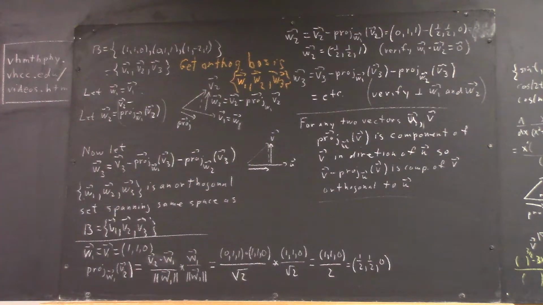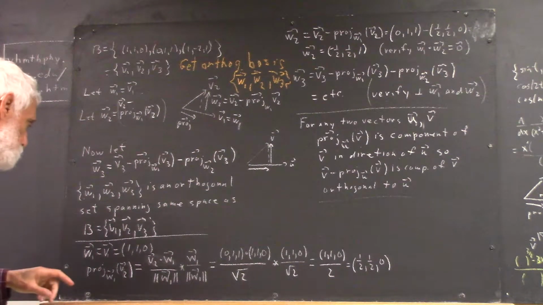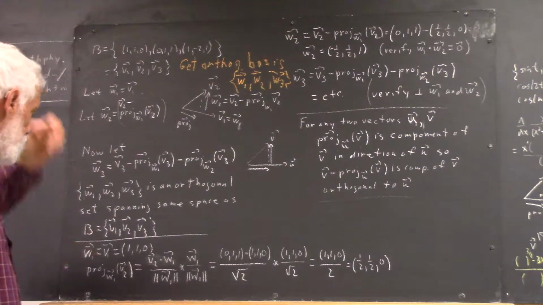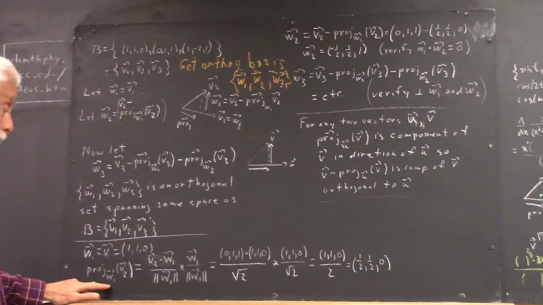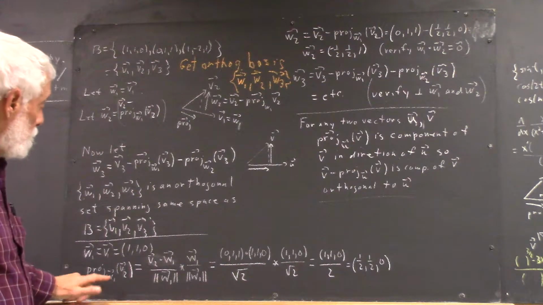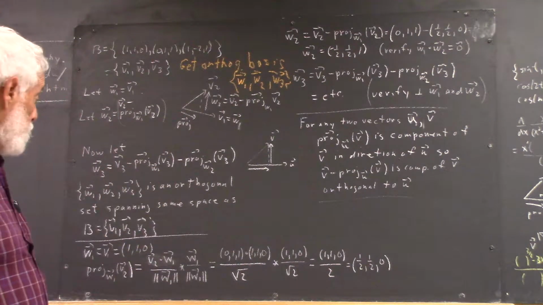And checking my time, we can get through this pretty quickly, so I'm going to continue this. The projection of V2 then onto W1 is what? Well, we developed this last time.